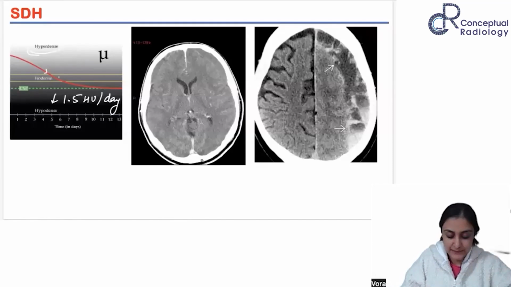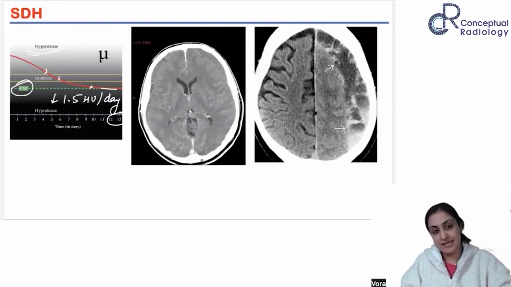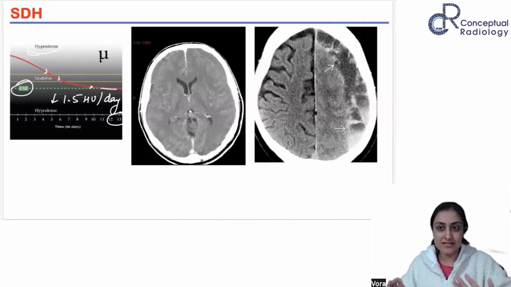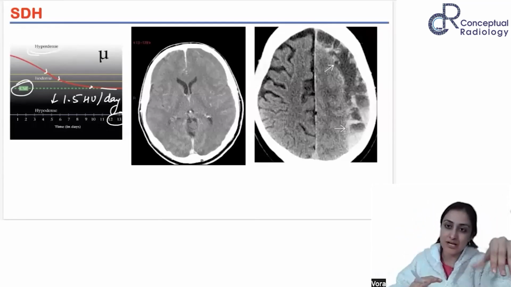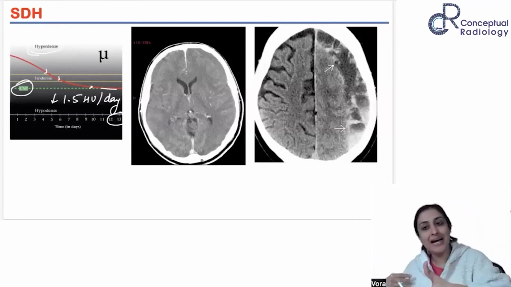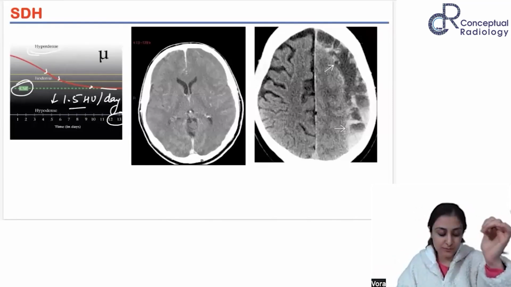The density keeps going down. So usually by the time it's somewhere close to 14 days, it becomes isodense to CSF. All right. So this is what you want to remember, and then it may become hypodense also. So more than 14 days, it becomes hypodense. So this is about the CT density. Acute hematomas, hyperdense. Subacute hematomas, isodense. Chronic hematomas, hypodense. So this is what you want to remember.